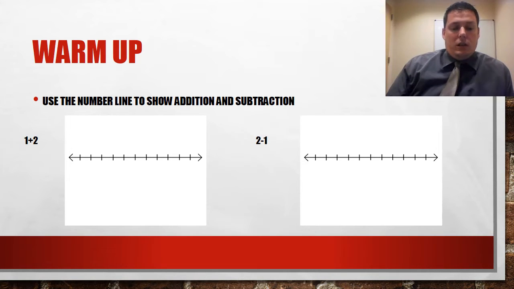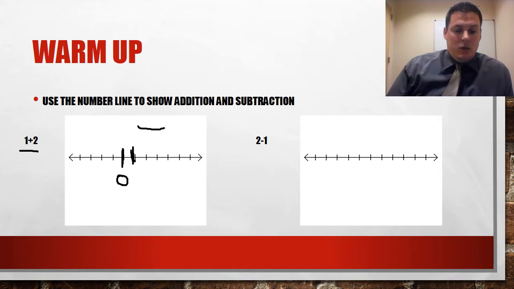So this is just a little warm-up to go over how we would use the number line. So if we're going to start at 0, we're going to label 0 in the middle of the number line, or approximately the middle there. All right, 1 plus 2. So if we're starting at 1 and we're adding 2, remember adding means we're going to the right, then we're going to go 1, 2.